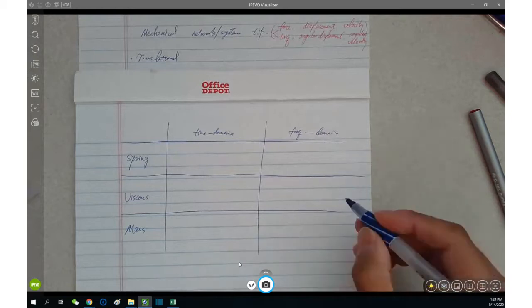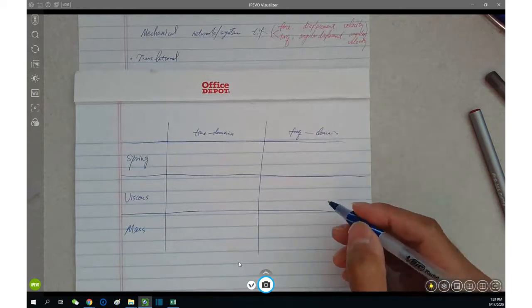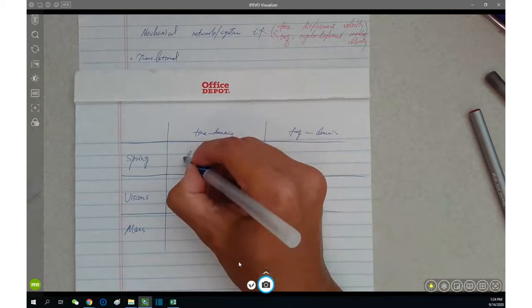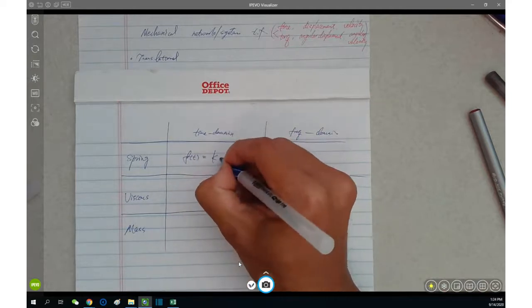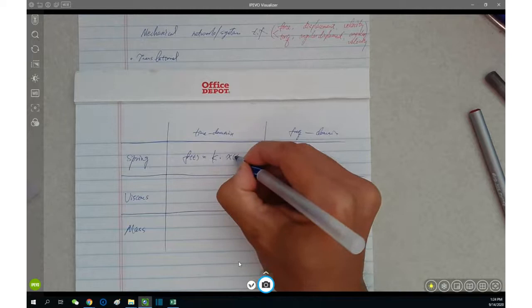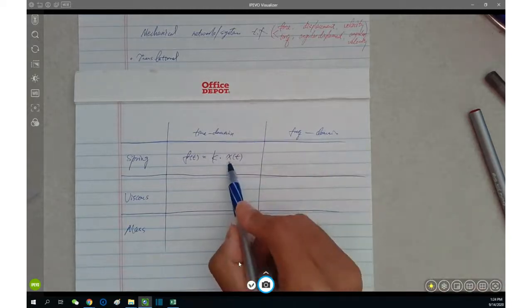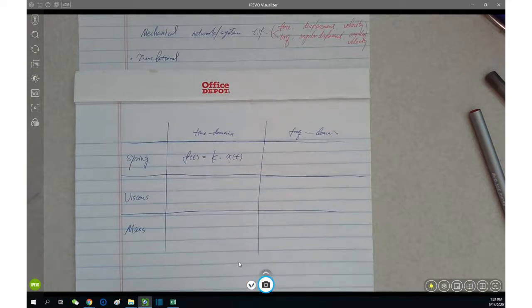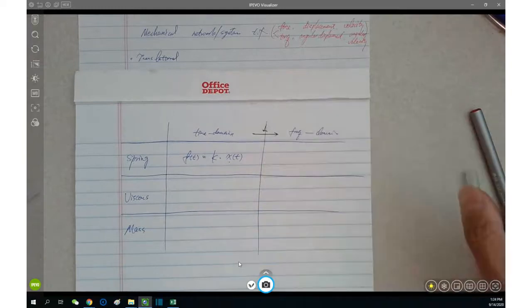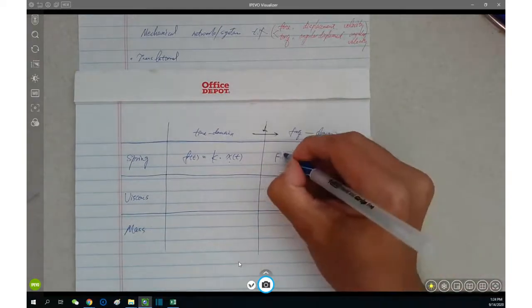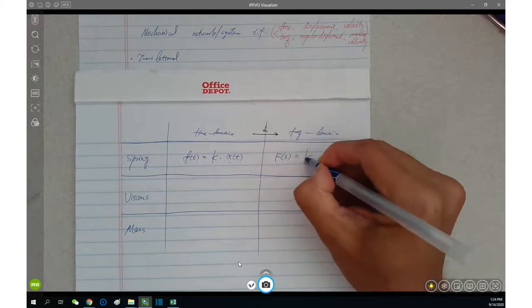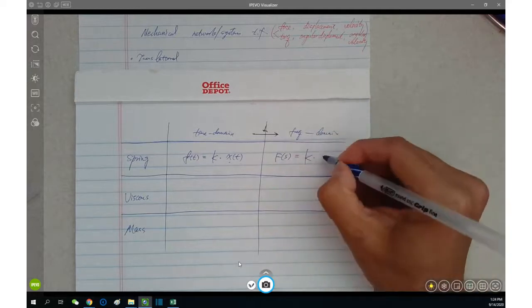First of all, in the time domain, for the spring the force equals a constant k times x of t. What is x? Displacement. And the corresponding Laplace transform result is capital F of s equals constant k times capital X of s.